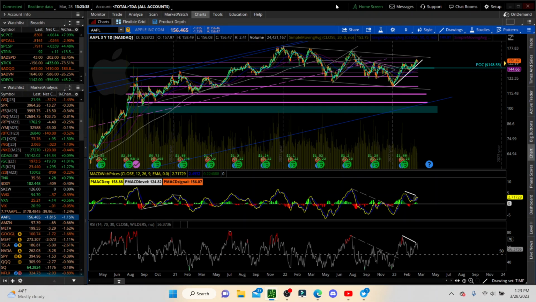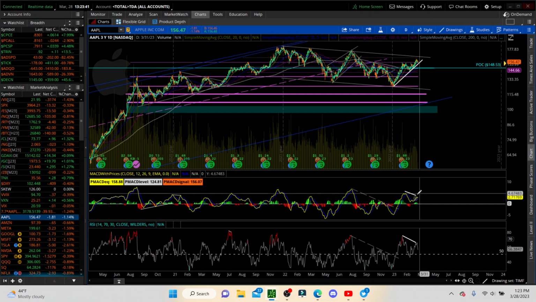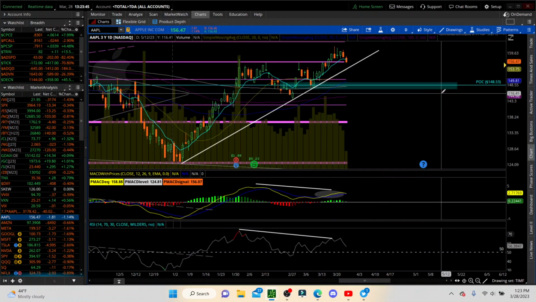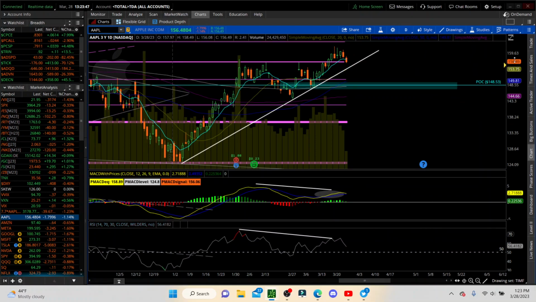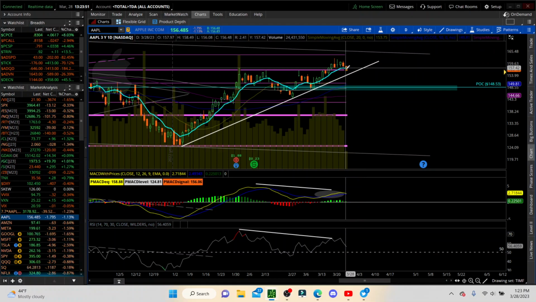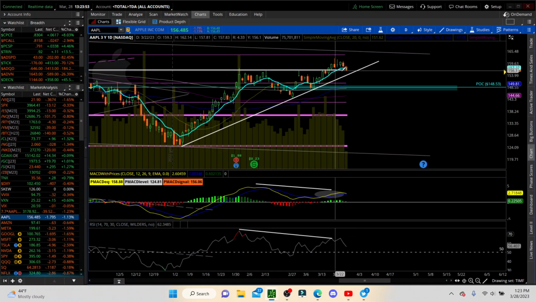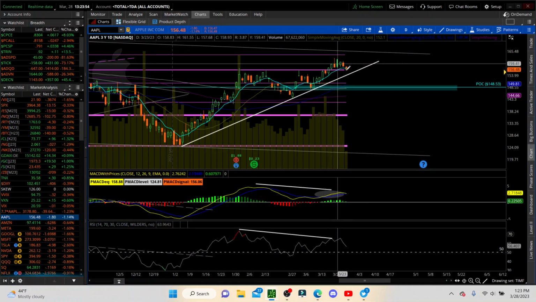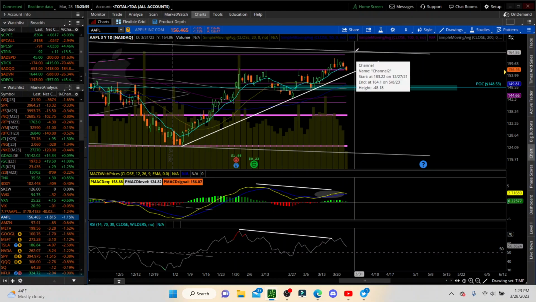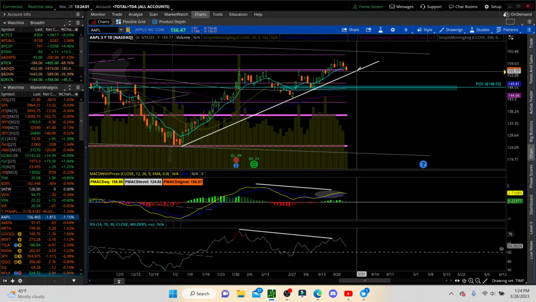So we have a divergence here on the daily time frame with Apple. I think the move is over. If you are a bull, you can at least expect, if this support holds, a very important pivot here because it's a breakout zone, right? If this holds and we start moving higher, the target would probably be right up here at 165 or so.